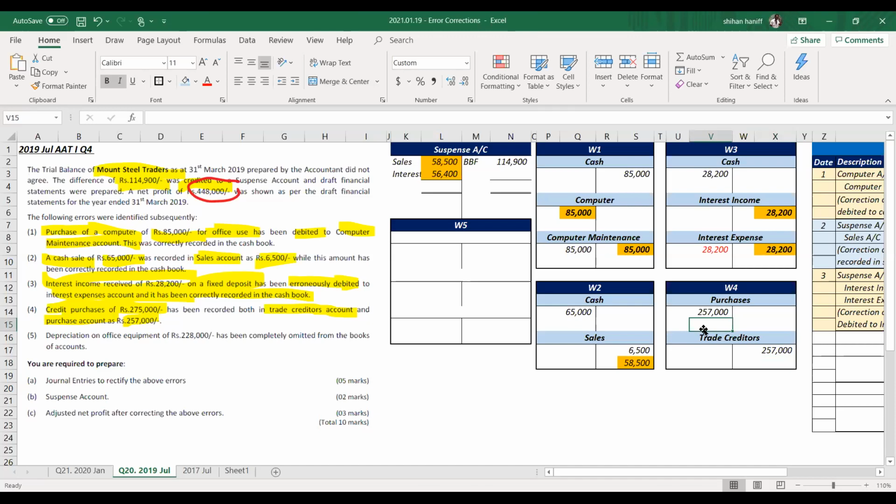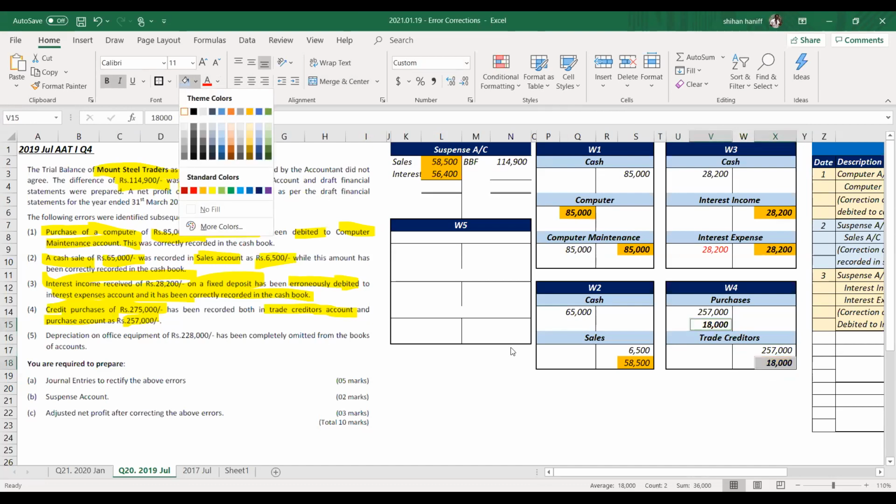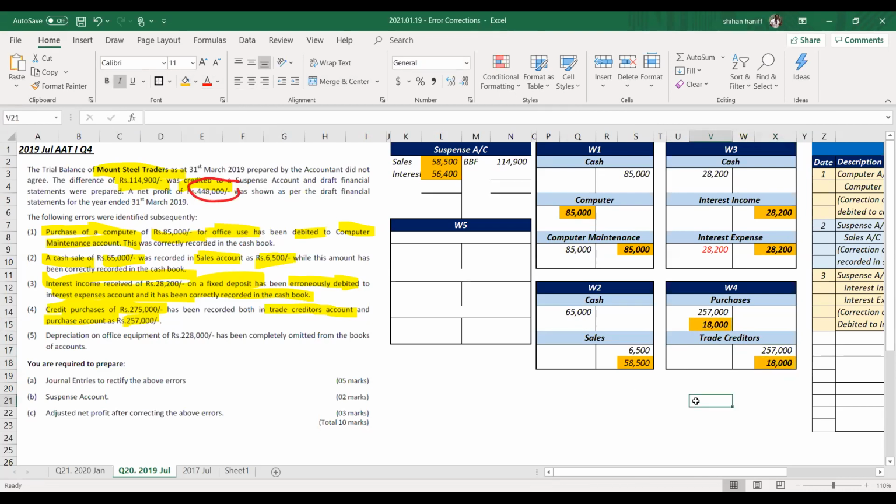Now this is recorded less. How much is less? 18,000. So we need to debit purchases 18,000 and credit trade creditors 18,000.